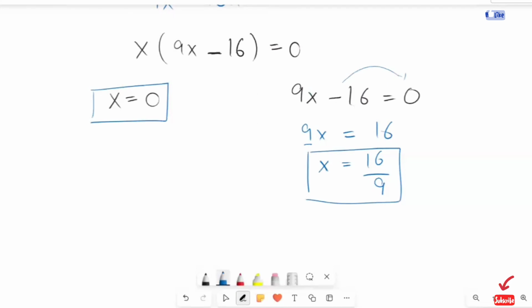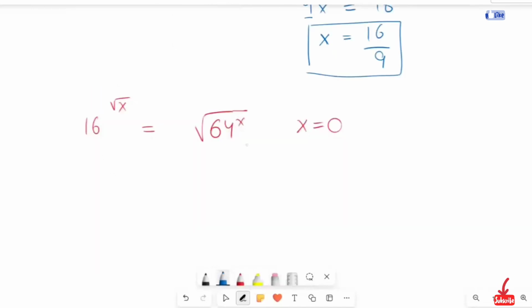Now I am going to verify my answer by plugging the value of x in the given equation. Here we have the given equation, and I'm going to plug in the case 1 x value, that is 0. So 16 root 0 is equal to 64 raised to power 0, and root.